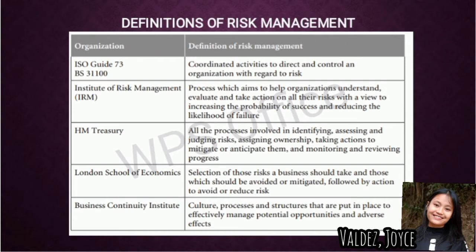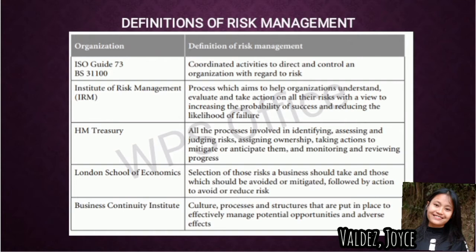The third one is from the Treasury: all the processes involved in identifying, assessing, and judging risk, assigning ownership, taking actions to mitigate or anticipate them, and monitoring and reviewing progress.